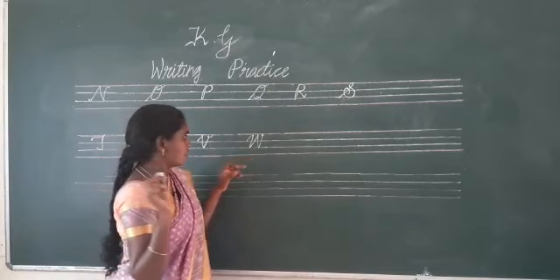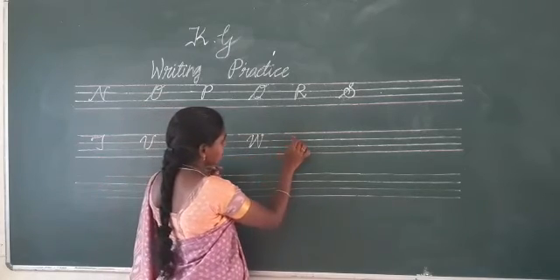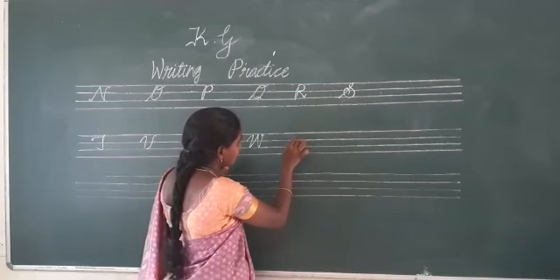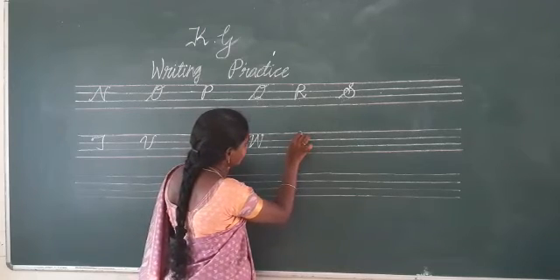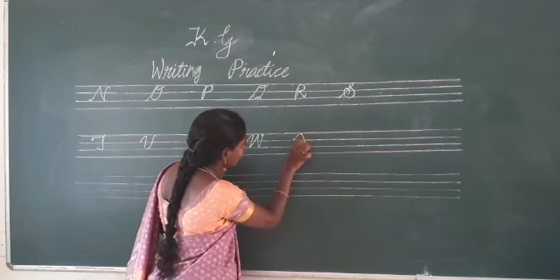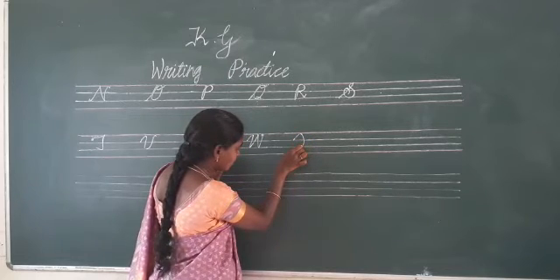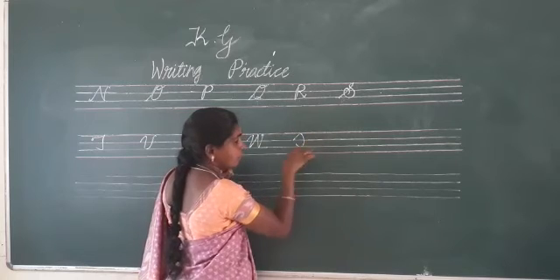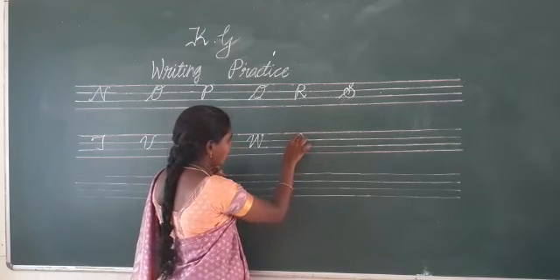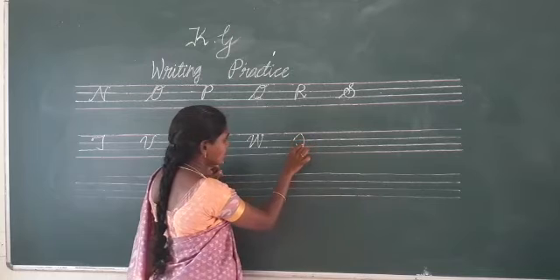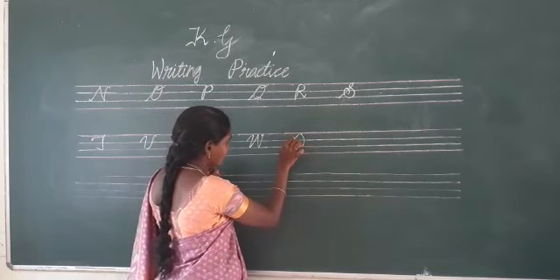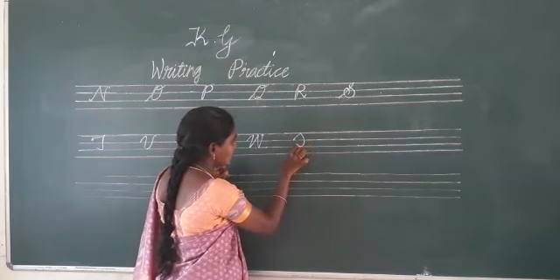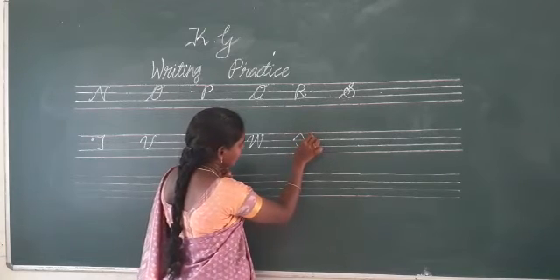Then X. The same way, start X from the middle of the line using a small slanting and then a curve comes till the bottom and then another curve that is facing outward. So, two opposite curves you have to draw.